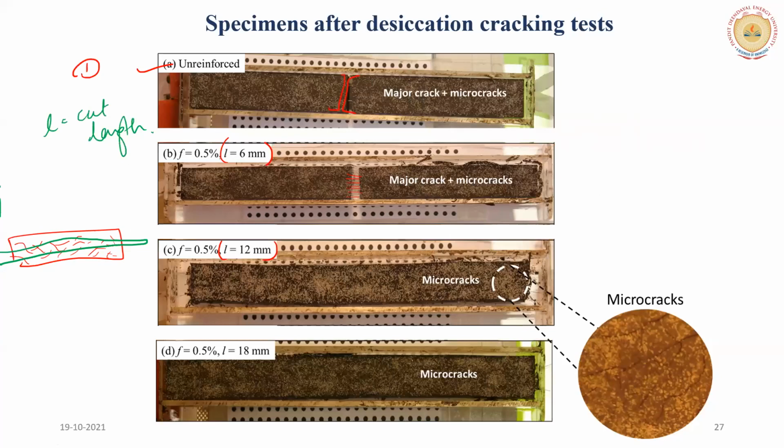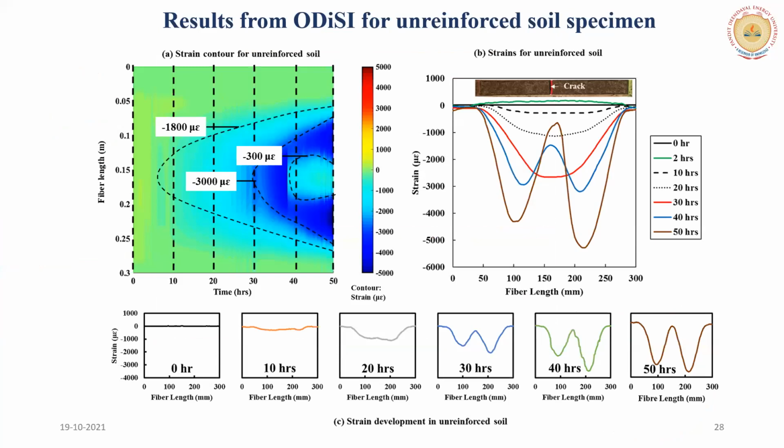Now, this whole phenomenon, we all know that there will be a cracking, and to simplify this whole procedure, we chose linear shrinkage. Linear shrinkage means the specimens are very long. So it is expected that the soil sample will crack in the mid. So we are simplifying the number of variables, and then we are doing these tests.